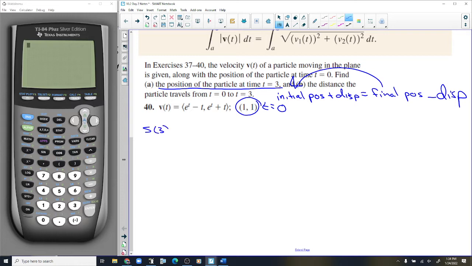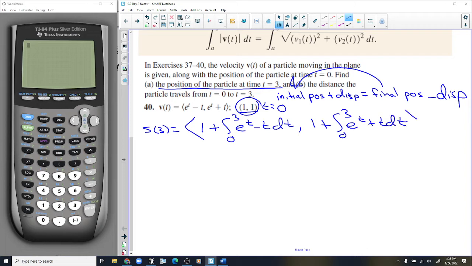S of 3 is equal to the position at 0 plus the integral from 0 to 3 of e to the t minus t dt, and then also 1 plus the integral from 0 to 3 of e to the t plus t dt. So that's just going forward from the position at 0 to the position at 3. And that's what they want, position at 3.